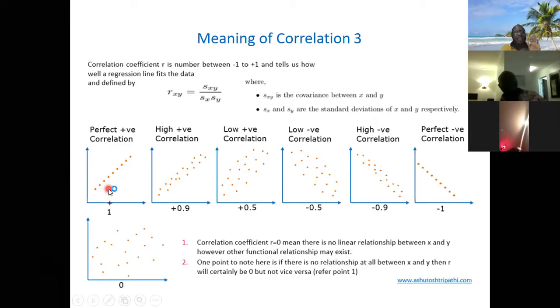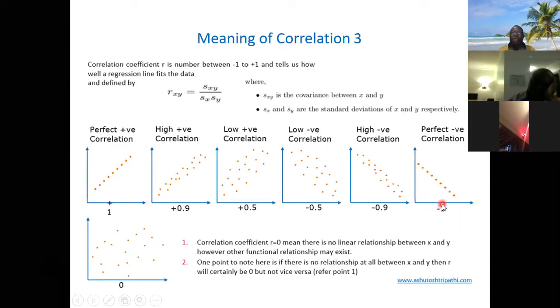Now look at it. When it is perfectly positive, can you see? It will slope up like this. It will be going up, and all of them will be on the line. If it is perfectly negative, this is the last one, it will be going down. If you look at it, as the vertical is going down, the horizontal is increasing.